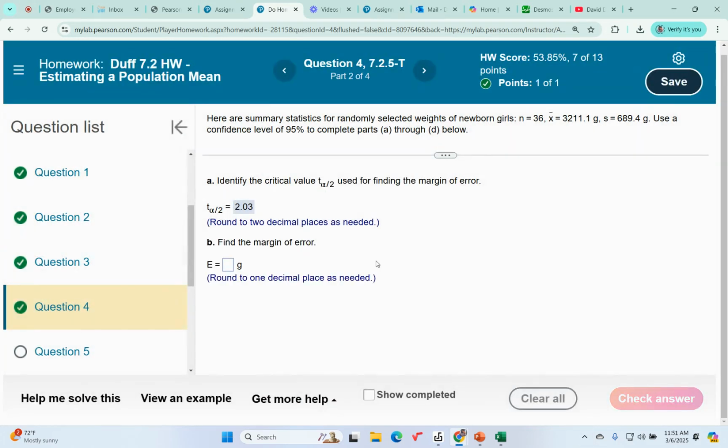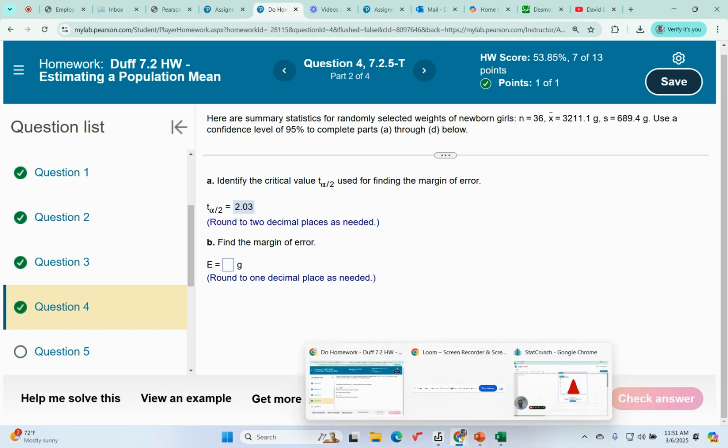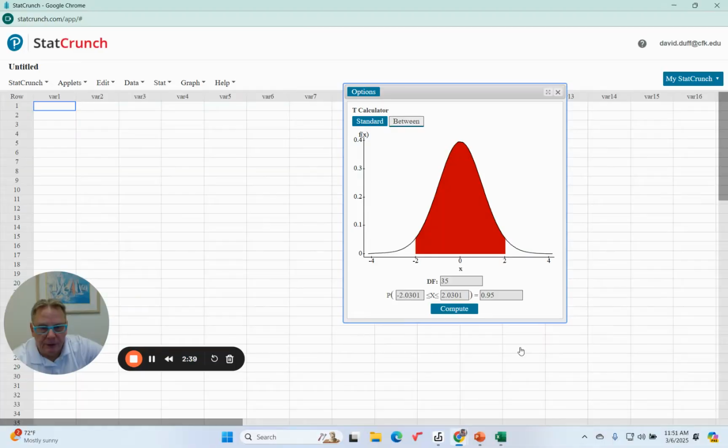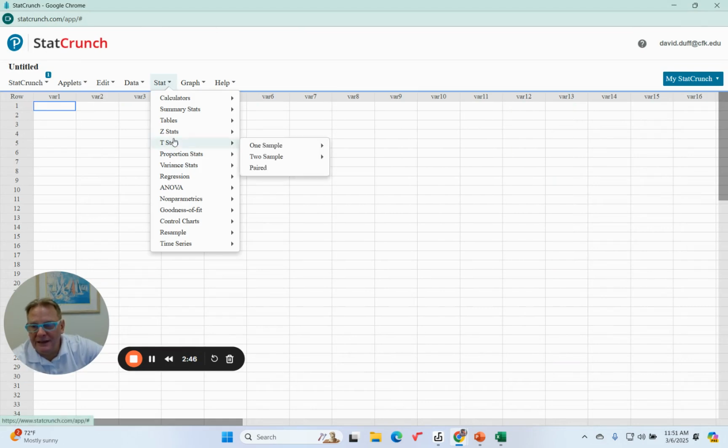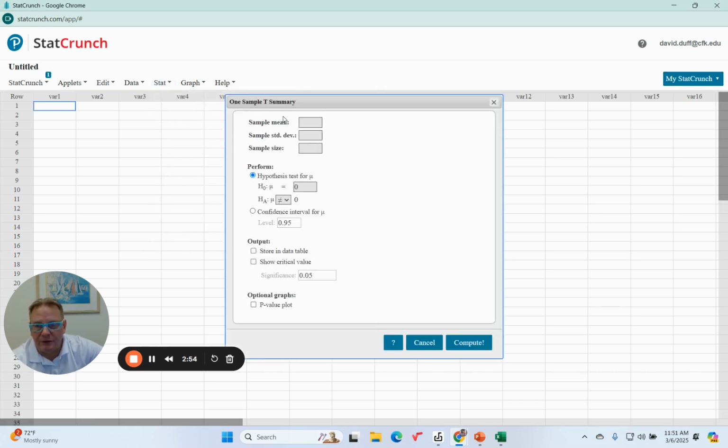Now, find the margin of error. There are a couple different ways to find the margin of error, but what we'll do is this. We're going to go back to StatCrunch, and I'm going to close this. This time we're going to go to stat, then T-stats, then one sample, and then with summary, because we're not using data, we're using a summary.